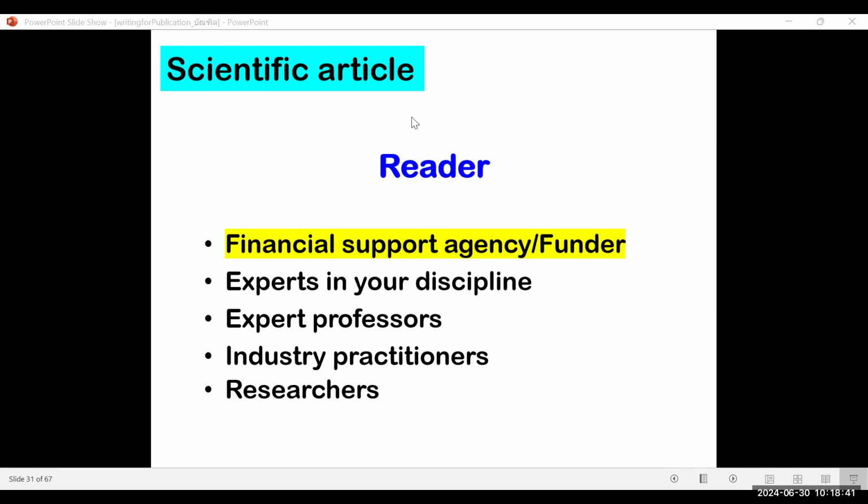The experts in your discipline are professors in different institutions or researchers working in different sectors of industry. Like in cosmetics, we also have researchers in institutes that work for companies, not only academic institutes, right? But they are all expert researchers in the field.